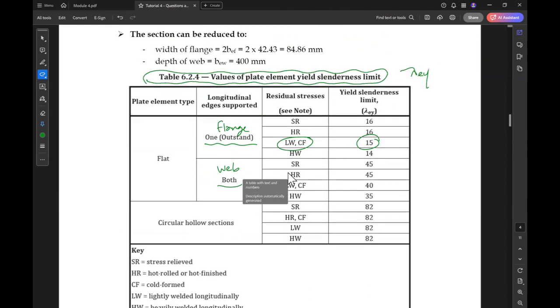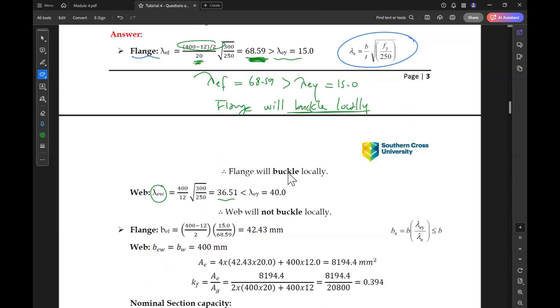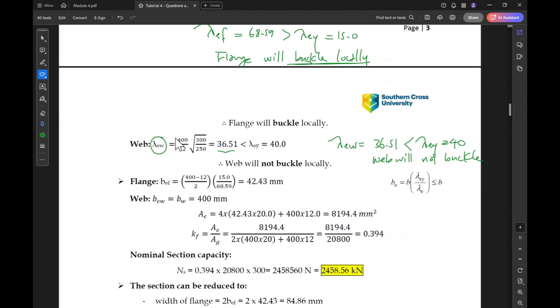For the web, we have lambda E yield as 40. So lambda E web equal to 36.51 is less than lambda E yield equal to 40. So the web will not buckle. So the flange will buckle, but the web will not buckle.